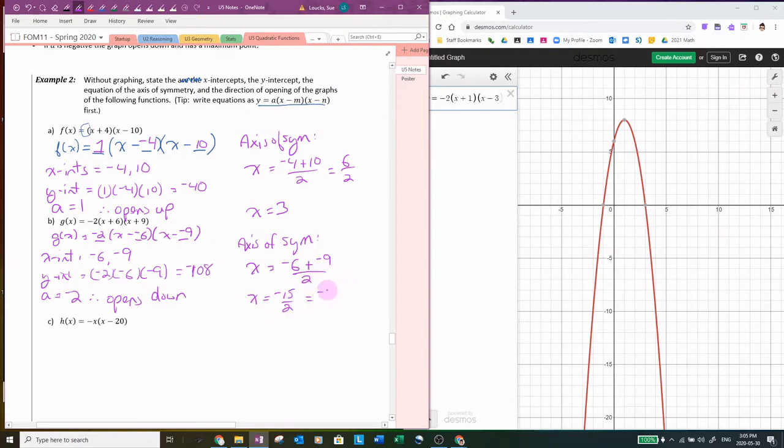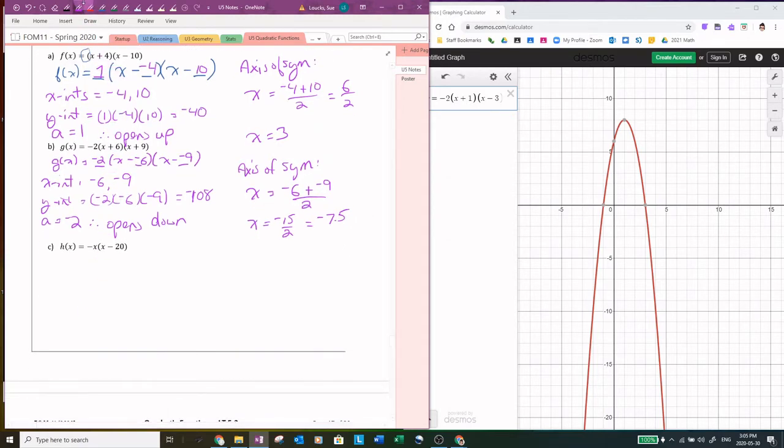And when we're graphing, it's okay to go to a decimal. So -7.5, because that's what you're going to try and graph if you do that. All right, one more. H of x equals, oops, sorry, let's not get ahead of ourselves here.